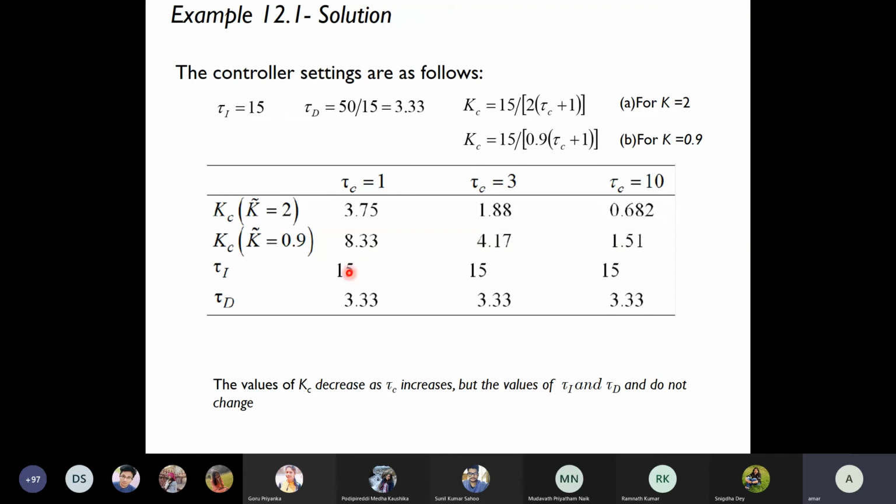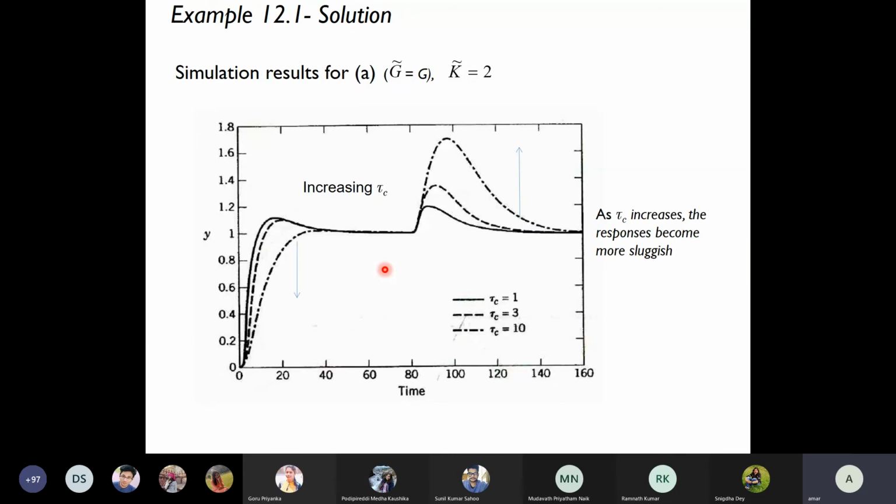So once we have these PID parameters for different values of tau c 1, tau c 3 and tau c 10, as well as the k tilde process gain 2 or process gain 0.9, if I do a simulation for tau c is equal to 1, tau c is equal to 3 and tau c is equal to 10, here k is equal to 2, process gain is 2, and we have designed the controller parameters based on the process gain 2, then we'll find this result.